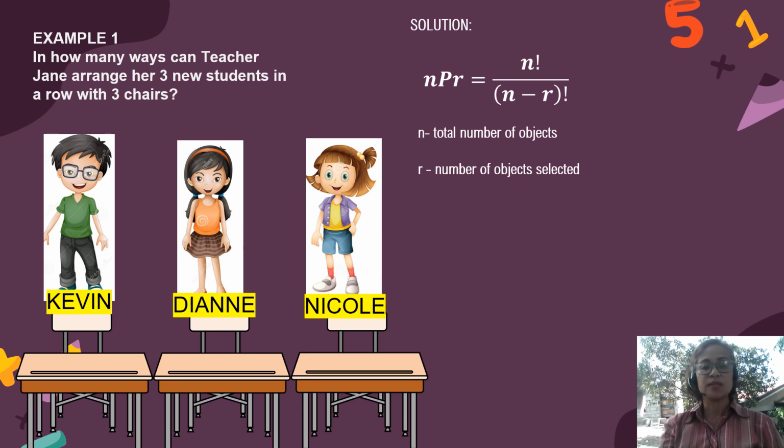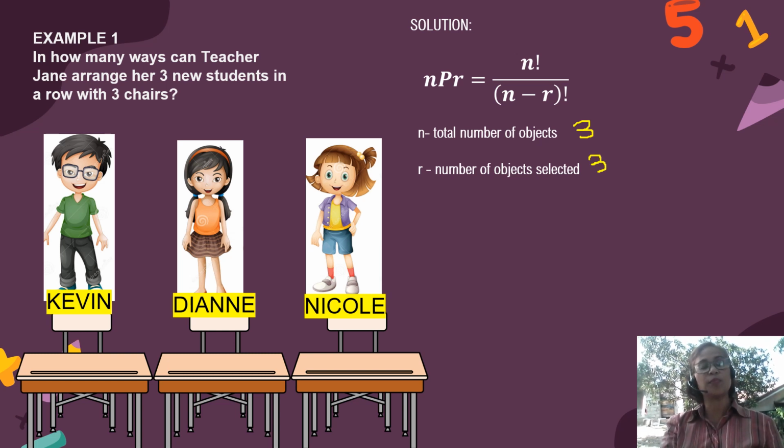So step 1 is to identify the value of n and r. So since there are 3 students involved or 3 things that I'm going to arrange, the value of n is 3. And r is the number of objects that you select at a time. Since there are 3 chairs, therefore I have to select 3 students at a time to sit on those 3 chairs. So the value of r is also 3.